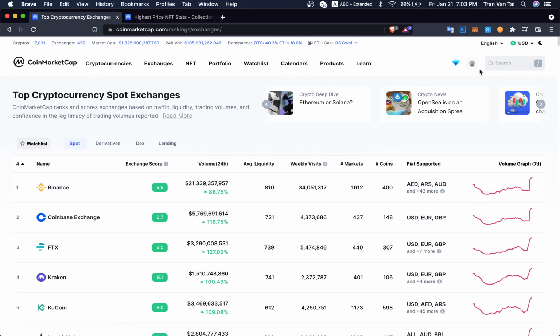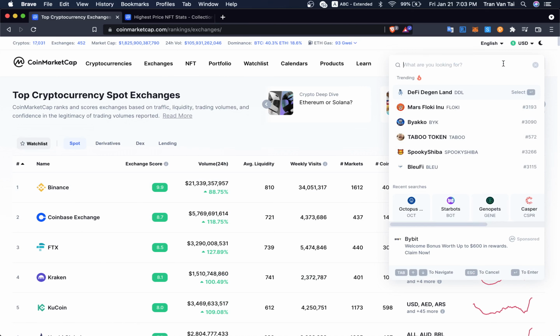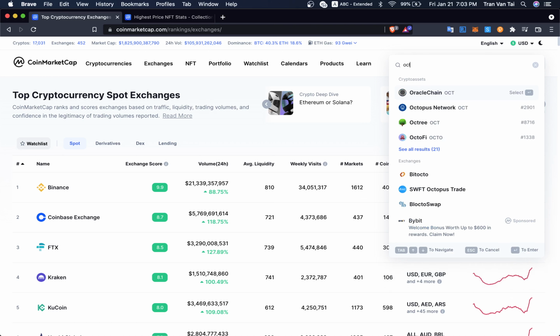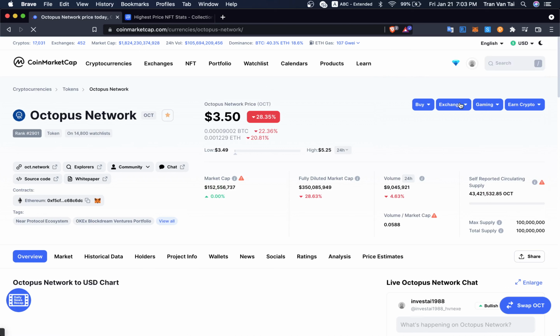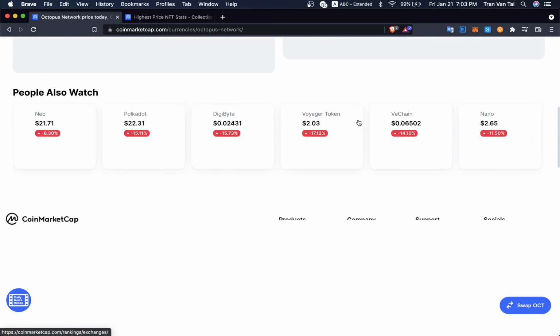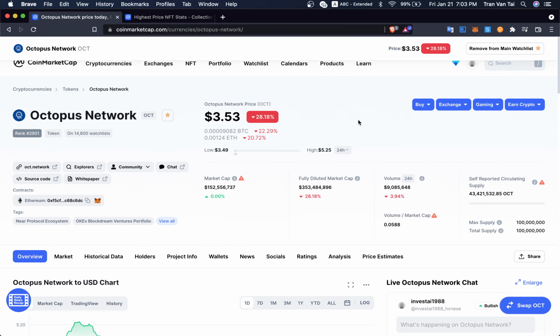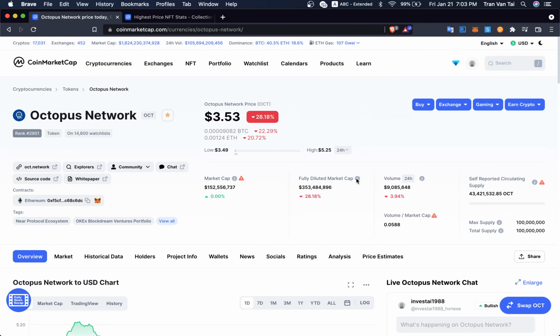Now I will view a specific coin. When I input a specific token, Octopus Network token here, it will list all details for Octopus Network. There is a lot of information here.